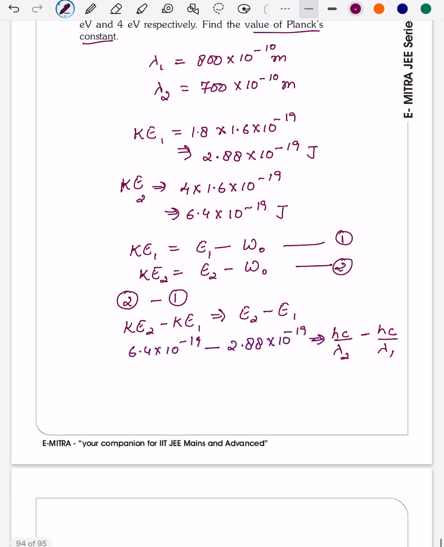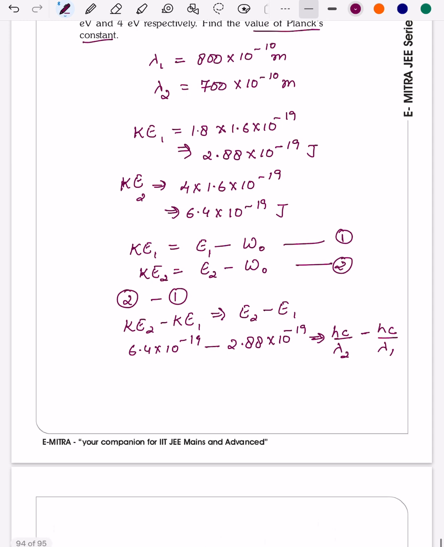इसको subtract कर लेते हैं तो ये हो जाएगा 6.4 minus 2.88 तो ये आ रहा है 3.52 into 10 to the power minus 19 और ये बराबर होगा HC, let's take it common, 1 upon lambda 2, कितना था 700 into 10 to the power minus 10, minus 1 upon lambda 1, so 1 upon 800 into 10 to the power minus 10.